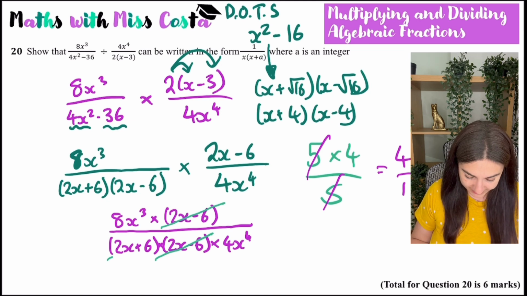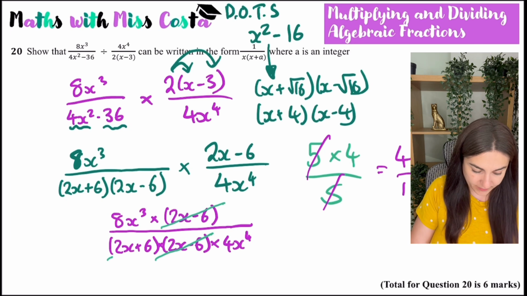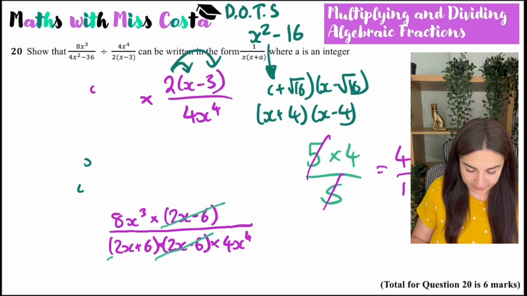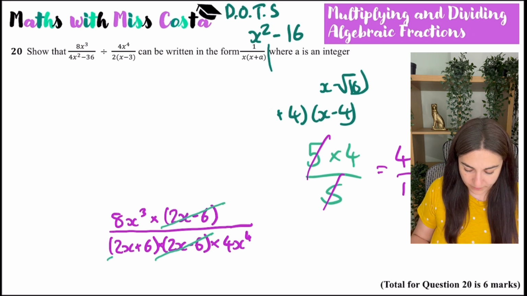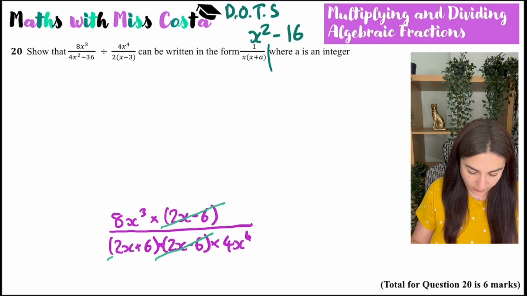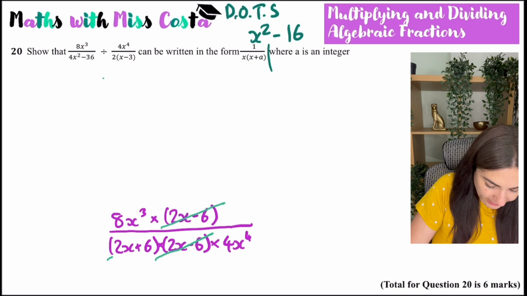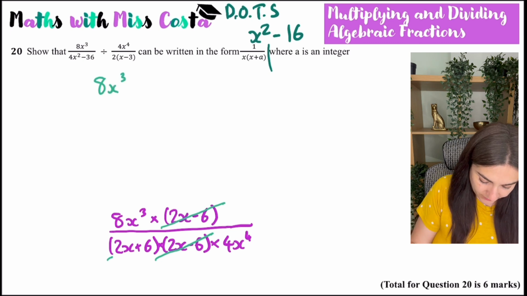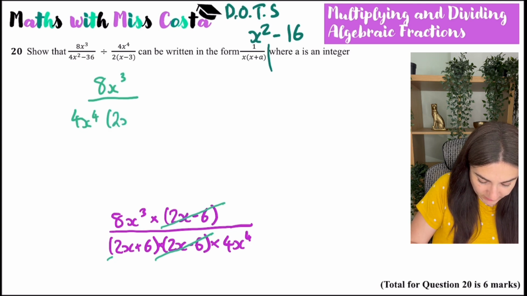I've then simplified this, and let's rewrite it over here. So once I've cancelled that out, I end up with 8x cubed as my numerator, and then 4x to the power 4 times 2x plus 6.